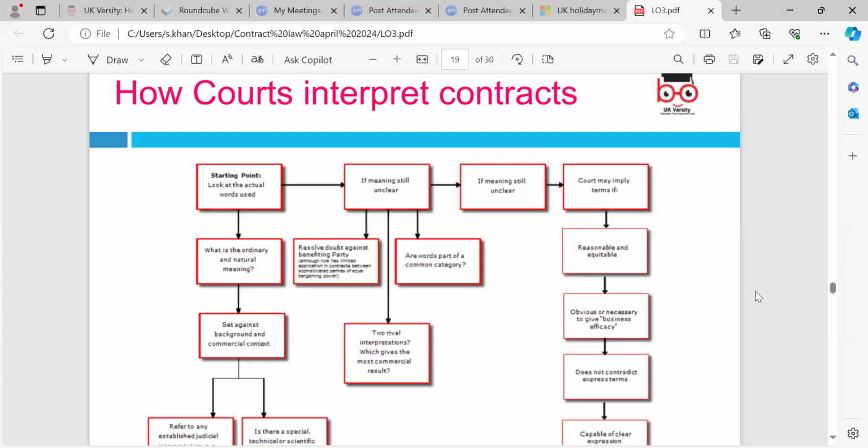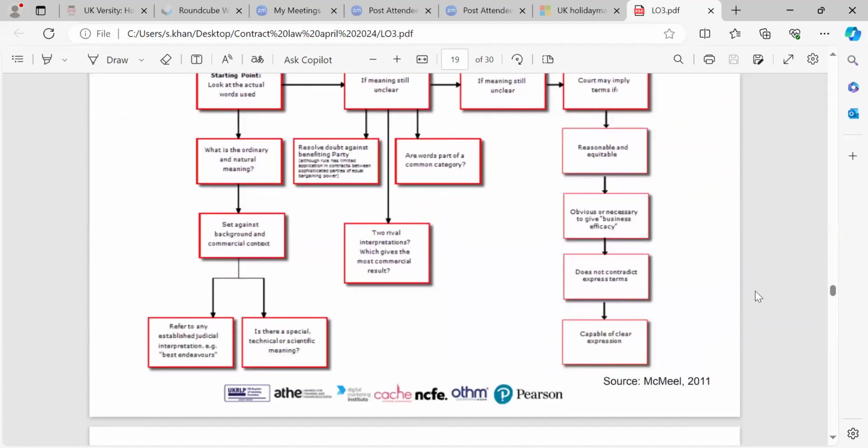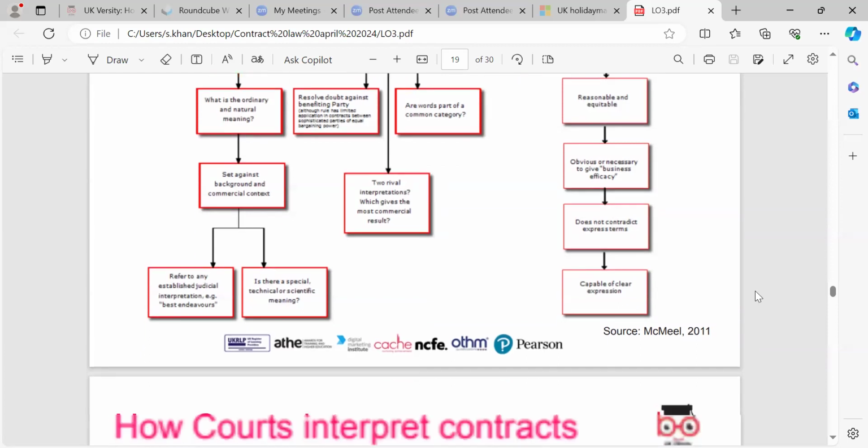If the meaning is still unclear, the court may rely on implied terms: reasonable and equitable, obvious or necessary to the given business, not contradicting express terms, and capable of clear expression. The starting point: what is the ordinary and natural meaning of the word? Set against the background and commercial context, refer to any established judicial interpretation, and is there any specific technical or scientific meaning?